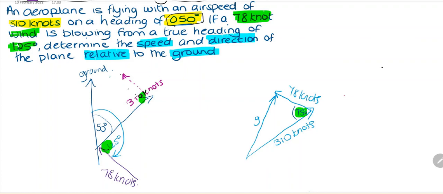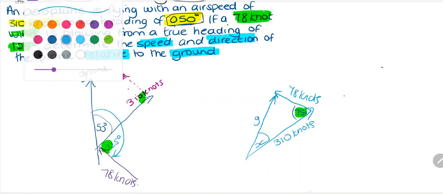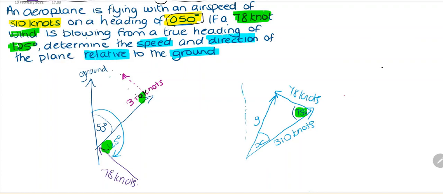So this is for our ground velocity, and we need to find this angle here, and in relation to our ground, if we were to draw our line back in here, our ground, this angle is going to be, we'll call theta. So theta plus x is equal to 50 degrees. So we're going to need to find x to work out theta.